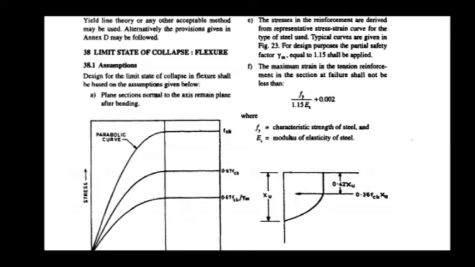Now, clause number 38.1, the assumptions. Design for the limit state of collapse in flexure shall be based on the assumptions given below. The first assumption: plane sections normal to the axis remain plane after bending.